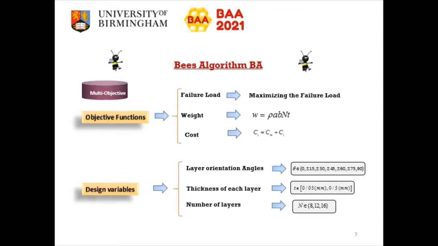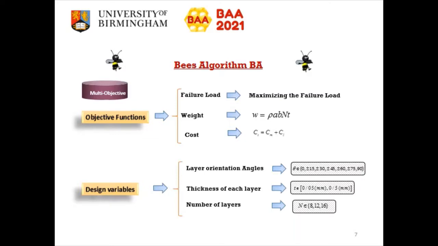In the multi-objective optimization problem, three objective functions are considered: maximizing failure load, minimizing weight, and minimizing total cost of laminates.